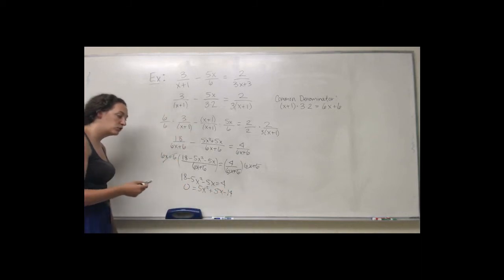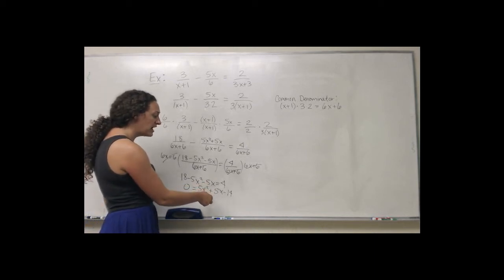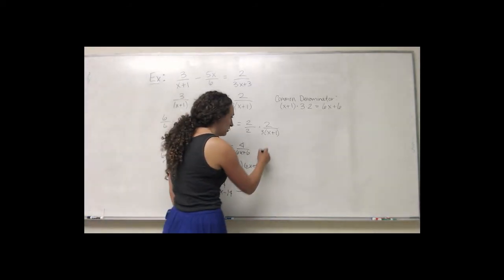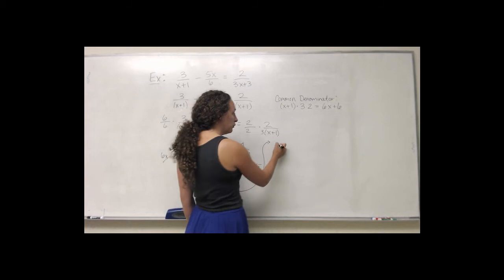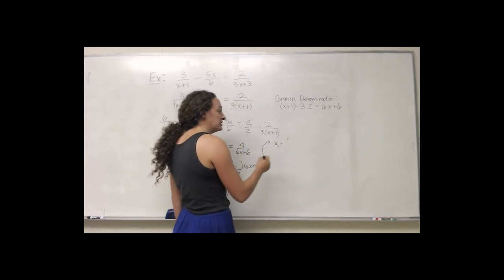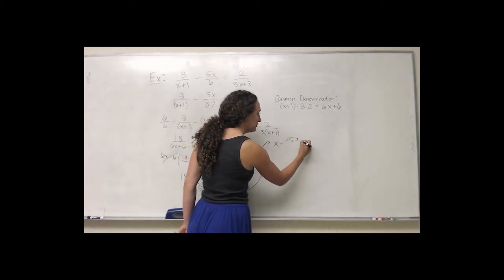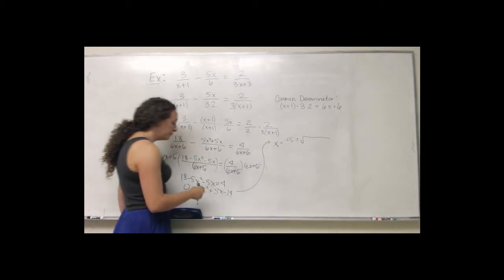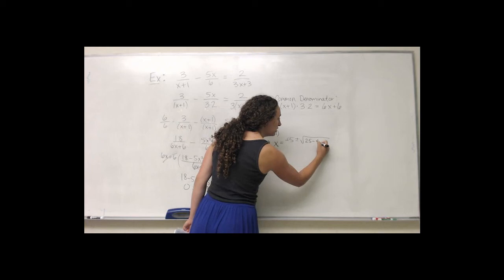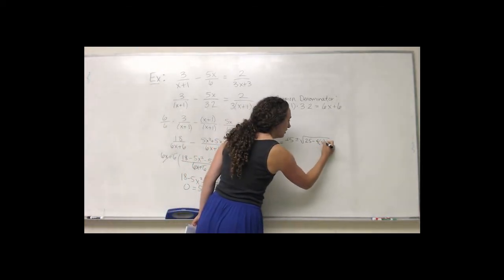Okay. Now, of course, this is exactly what we want. We have a is 5, b is 5, and c is negative 14. So if we use the quadratic formula, we get that x is equal to negative b, which is 5, so negative 5 plus or minus the square root of b squared, 5 squared, which is 25, minus 4 times a, which is also 5, times c.